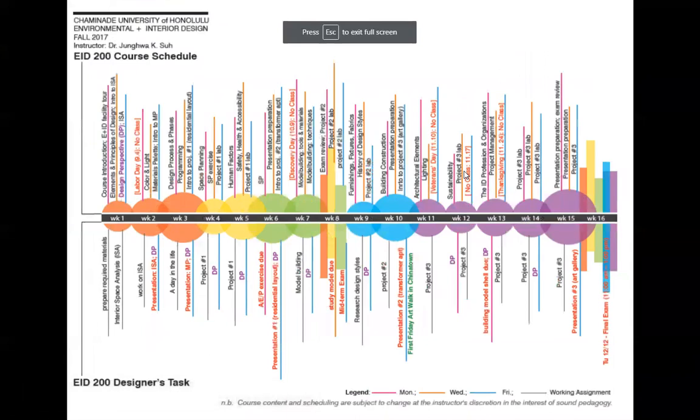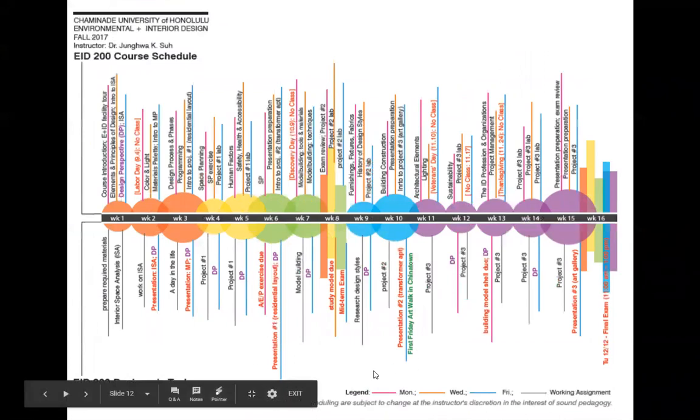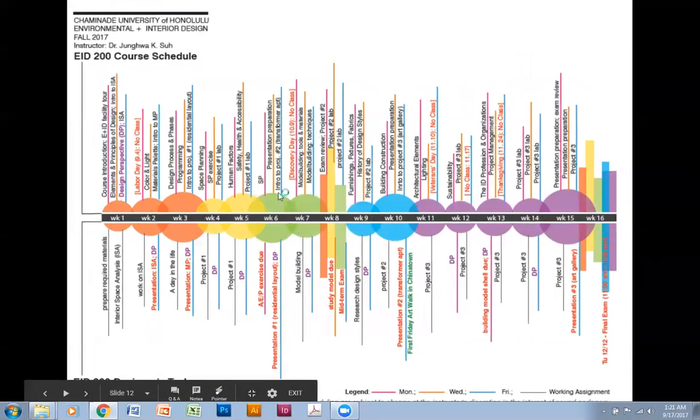You can also create various formats of visual syllabus with specific days by adding a legend of different colored lines. In this case, different days are color-coded in this legend right here. So for example, presentation 1 is underlined with a blue line.